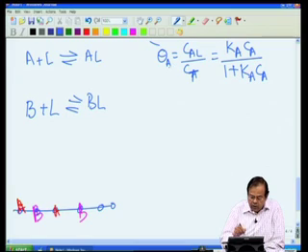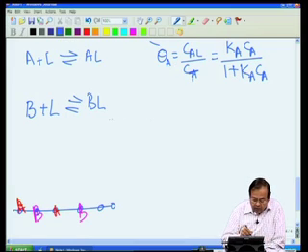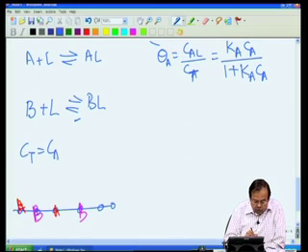If we carry out the same analysis by saying that the adsorption and desorption rates of the first reaction are the same, and of the second reaction are the same, and using that equilibrium, and now we will have to of course use Ct equal to CAL plus CBL plus CL.